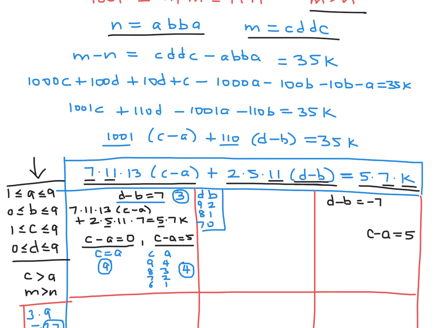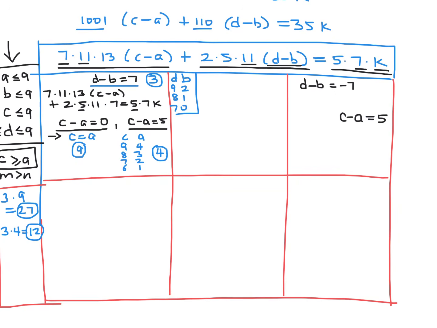Before I continue, I'm just wondering if this is actually, I think it should be greater than or equal to, right? Because look, for example, if m was equal to 5,2,2,5, if the C and the A are equal, yeah, you could make m greater than n. So that actually should be C is greater than or equal to A. Just wanted to make sure I made that one little correction there.